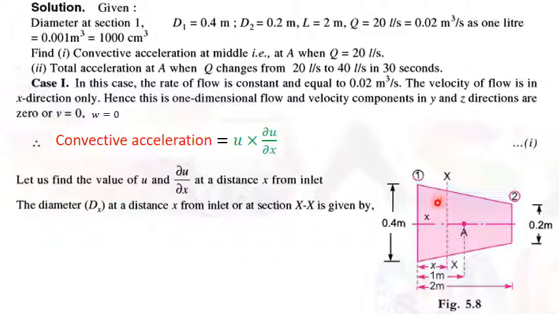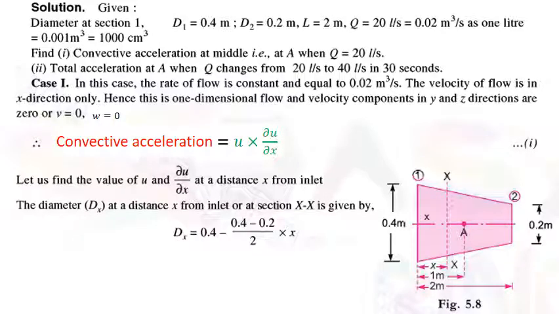So here in the problem it is given as the diameter is uniformly changing from 0.4 meter to 0.2 meter over a length of 2 meters. So to find out the diameter of the pipe at section X, first diameter of the pipe at section 1, that is 0.4, minus change in diameter.